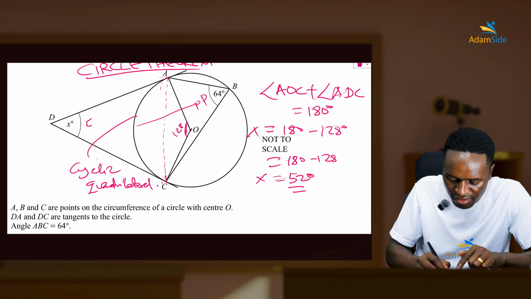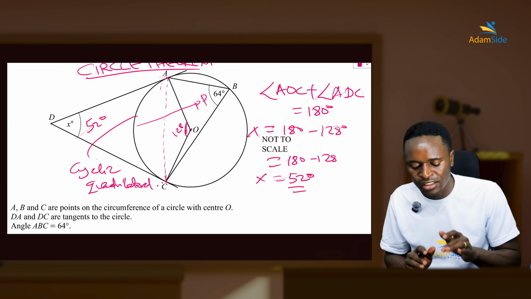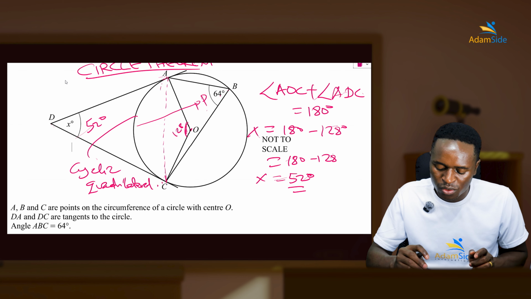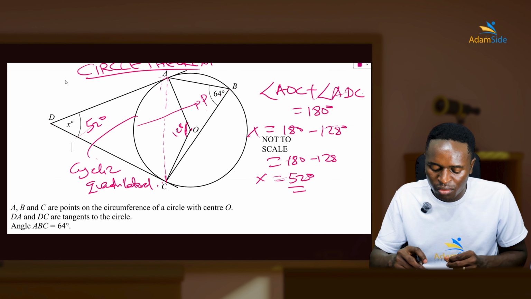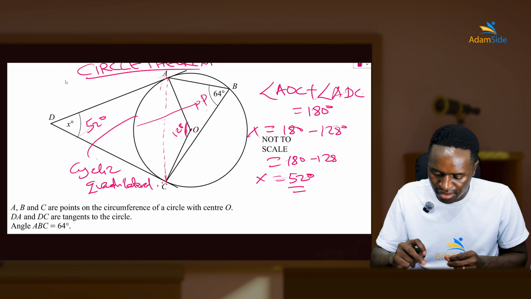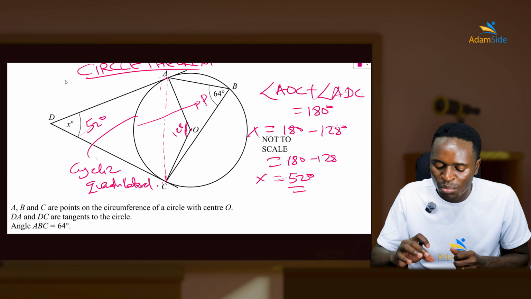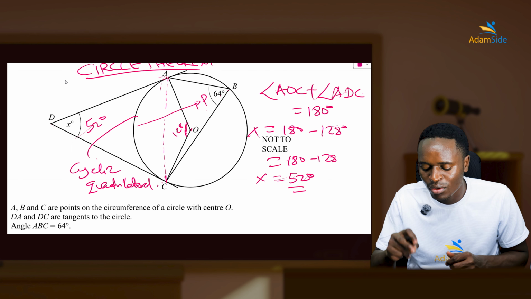So you will get this as 52 degrees because it is an angle in a cyclic quadrilateral, and the angle at the center was gotten by taking 64 times 2. The angle subtended by the same arc AC at the center is double the angle at the circumference.